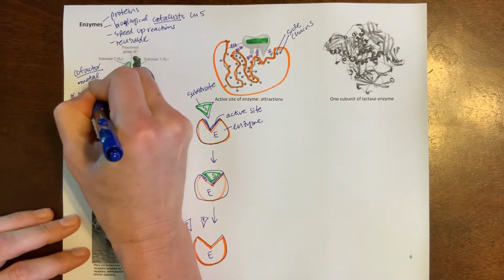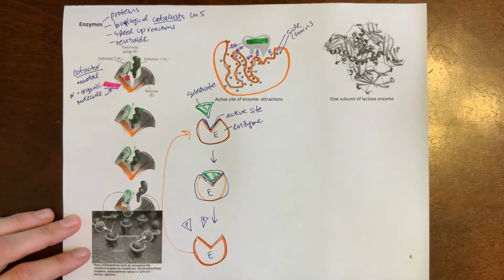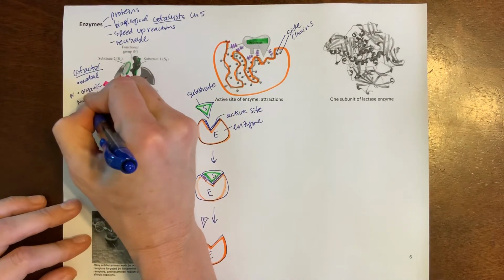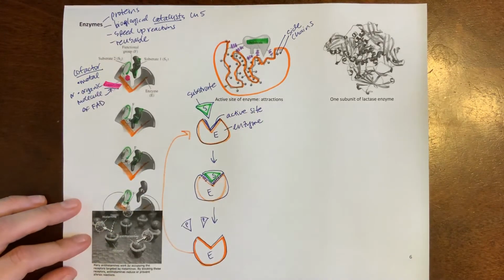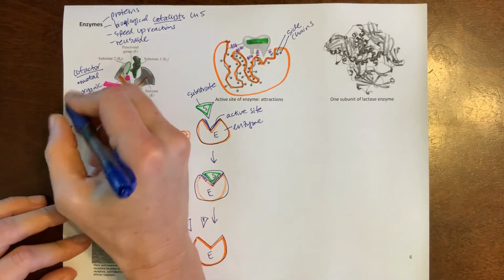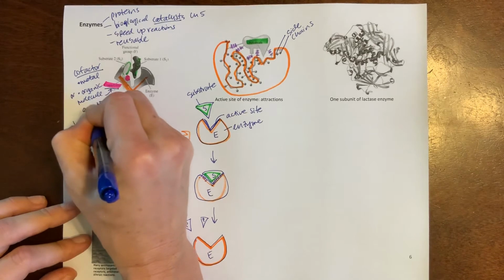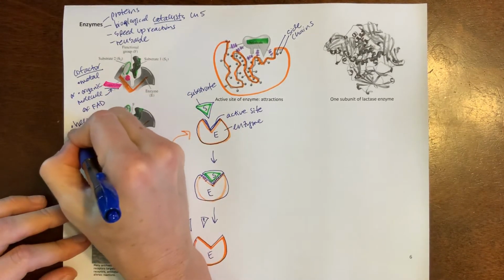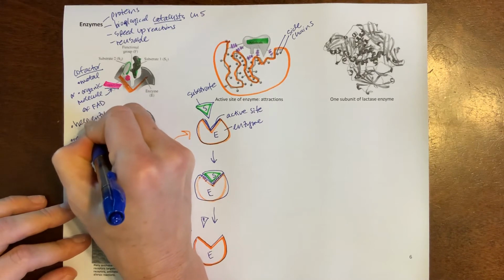Some small organic molecule, and those small organic molecules are called coenzymes. We've seen some of these, for example, FAD and NAD+ are coenzymes that help with reactions, and these cofactors help our enzyme do its job, and they are also reusable.